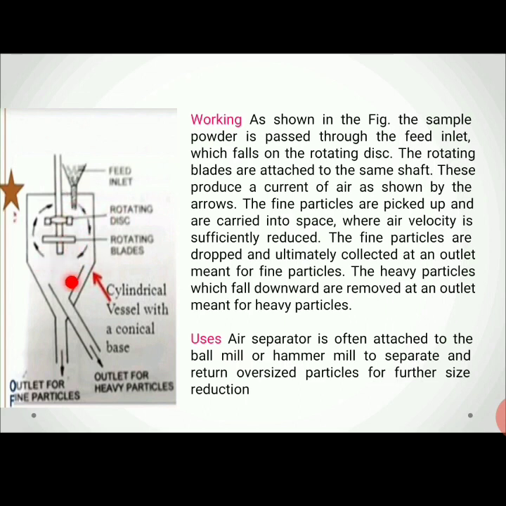Those particles that are heavy fall down and come from this outlet, and those particles that are fine fall down and come from this outlet of the fine particles. This is all about the air separator.